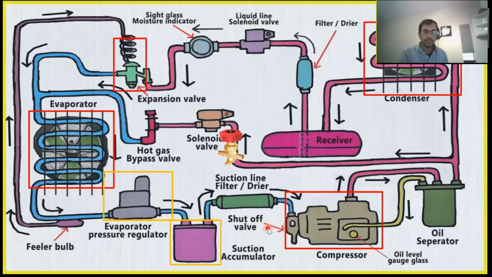And here also you see there's a hot gas bypass, which we have discussed, and this is also a solenoid valve, and this is a valve which will sense the evaporator conditions. So this is basically the simple diagram of a refrigeration system.